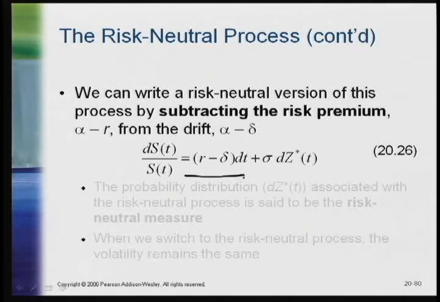The reason for that is in those binomial lattices we were modeling in a risk-neutral environment. So here we see how that comes about. We take the original process and subtract the risk premium. And notice that we have a new dz. This dz will also be Brownian motion, but it's a different Brownian motion than the original one, and we'll see how that came about.